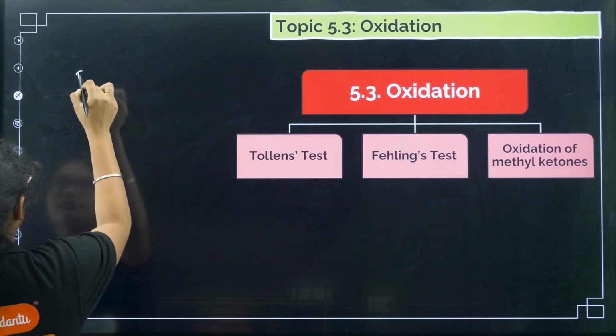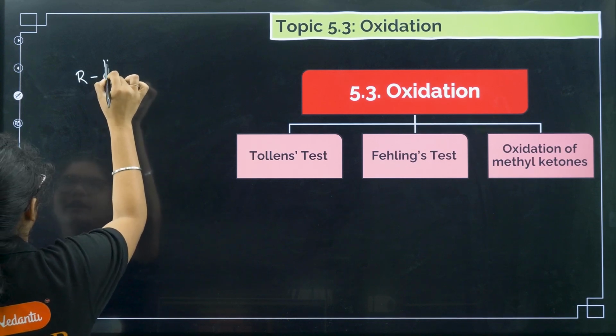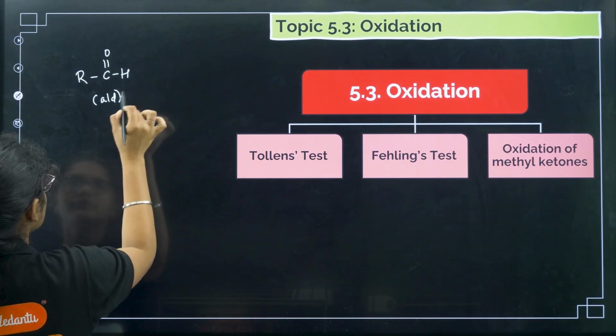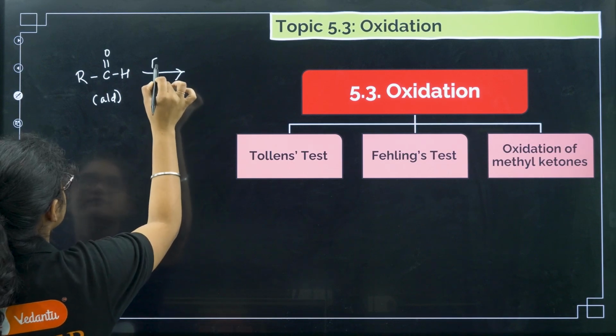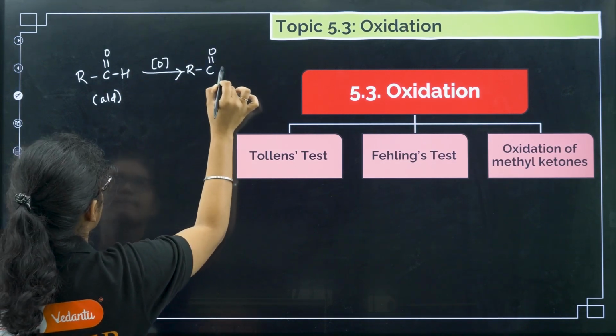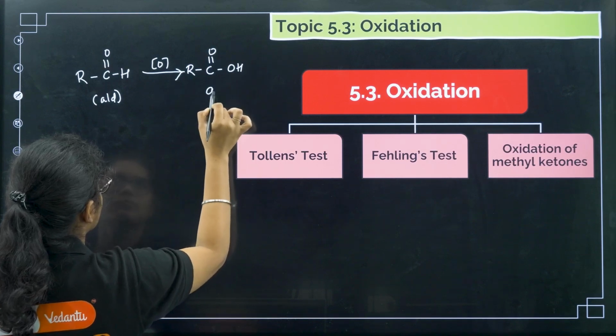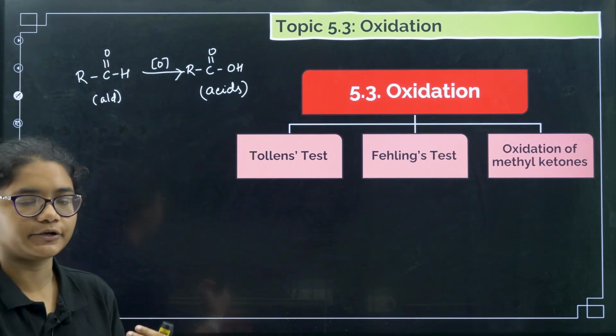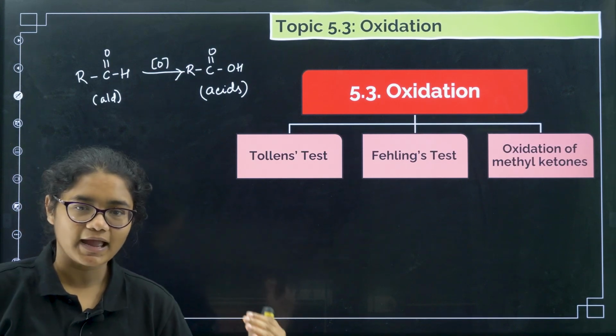If you have RCHO, this is an aldehyde. An aldehyde on oxidation will give you a carboxylic acid. So carboxylic acids are produced by the oxidation of aldehydes.